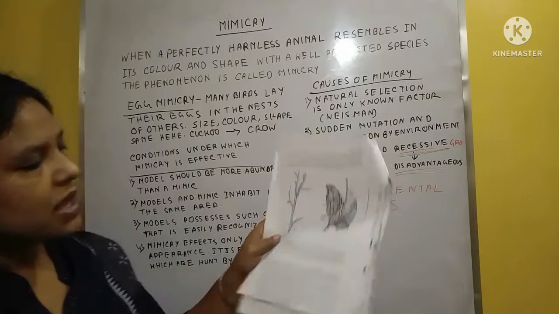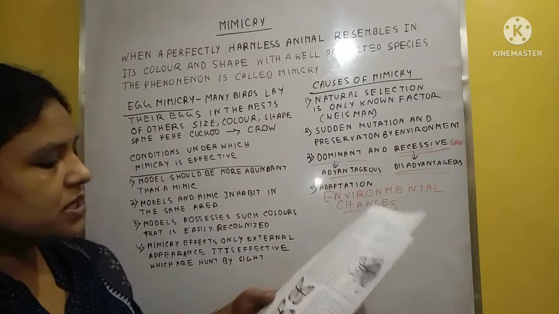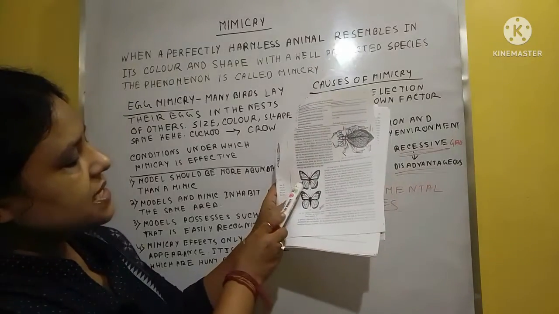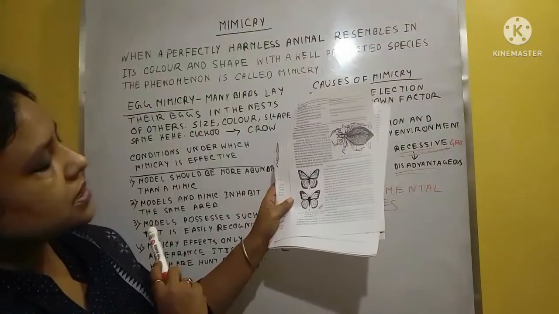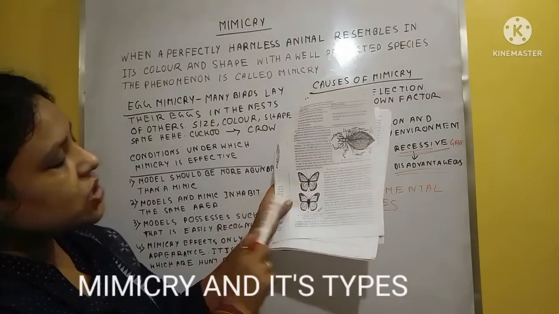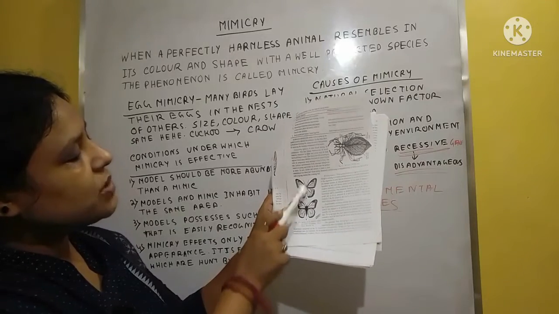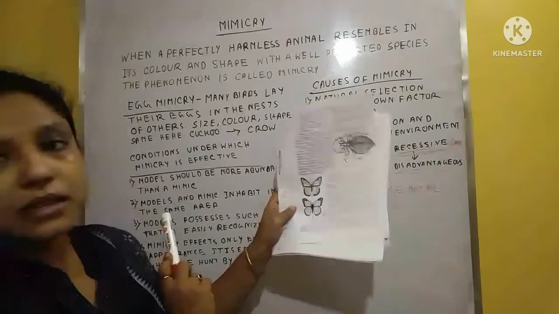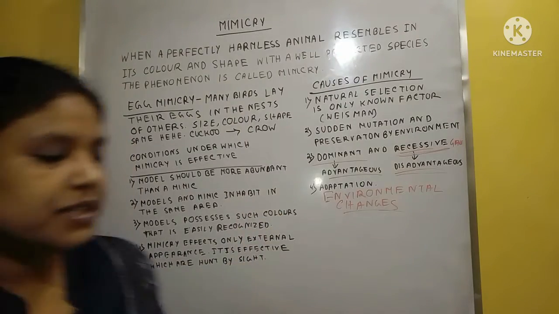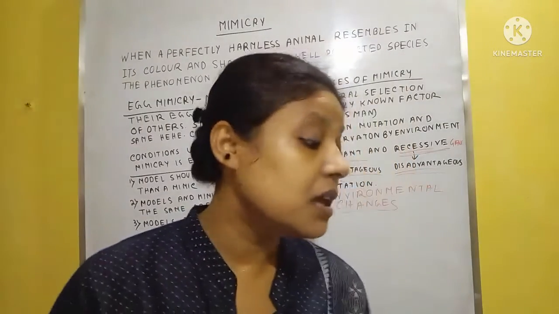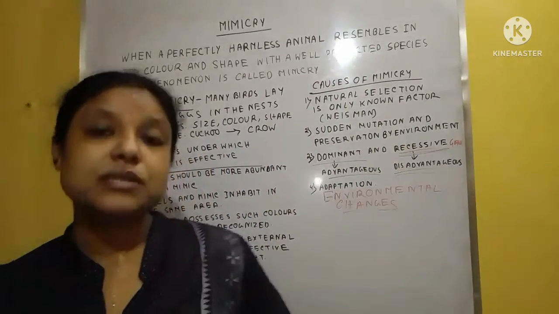This is one type of example, and for another kind, you see that A is the viceroy and B is the monarch, and you can see the similarities of both types of butterflies. Here you just see black and white, so check the images on Google, where you can get the colorful images.